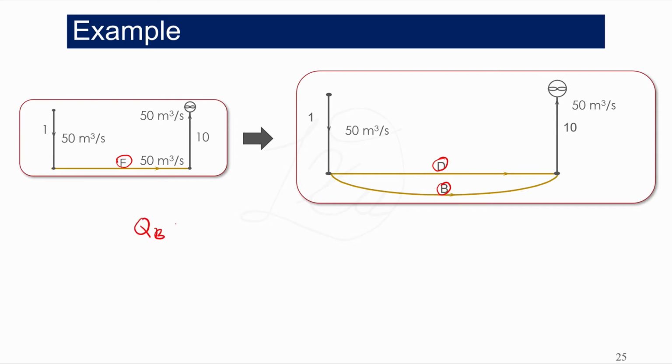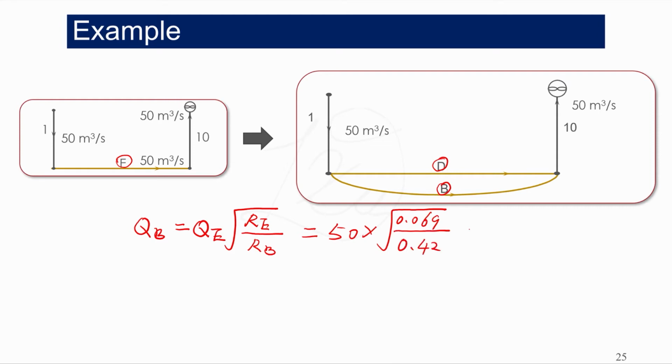QB equals QE times the square root of RE divided by RB, equals 50 times the square root of 0.069 divided by 0.42. Finally, this equals 20.27 cubic meters per second.